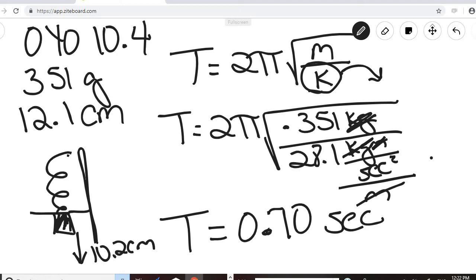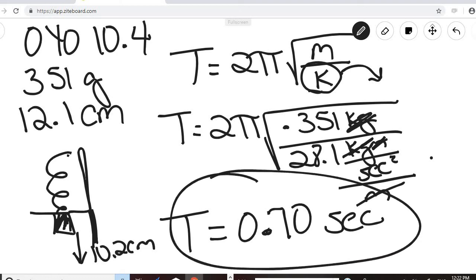Well, the answer is that the period is going to be the same, because remember, this is a measure of amplitude, and period is only dependent on mass and the spring constant. It's not dependent on amplitude. So the answer to 10.5 is also 0.70 seconds.